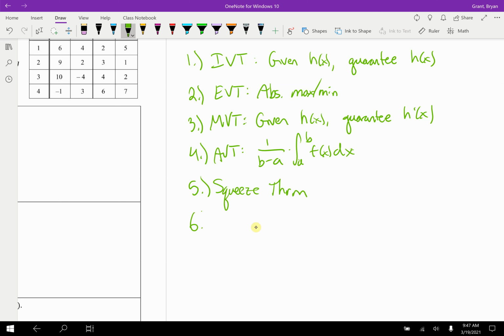And then the last one is one that we really need to know. It's our fundamental theorem of calculus. There's part 1 and part 2. Depends on your books. Part 1 just says if you're doing the antiderivative of f of x dx from a to b, it's capital F of b minus capital F of a.